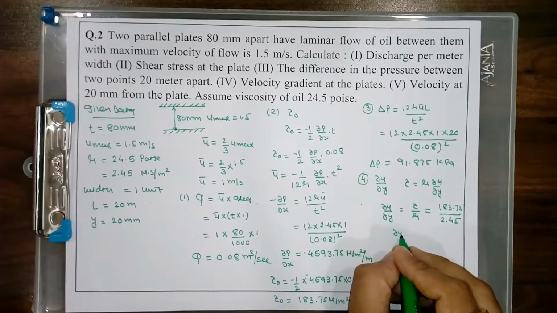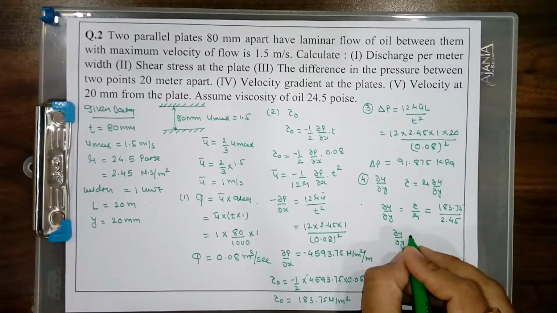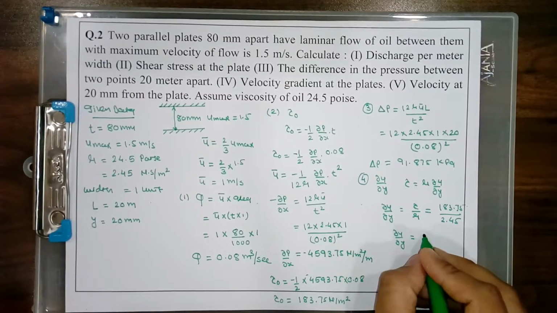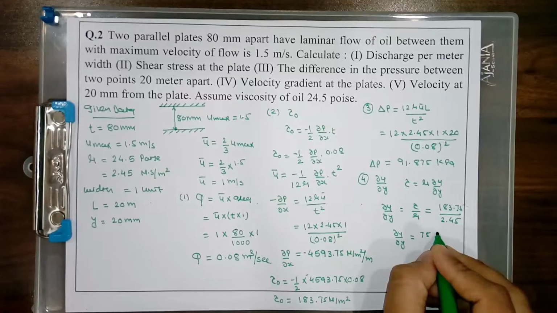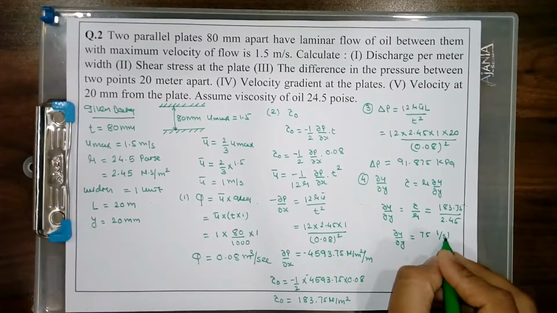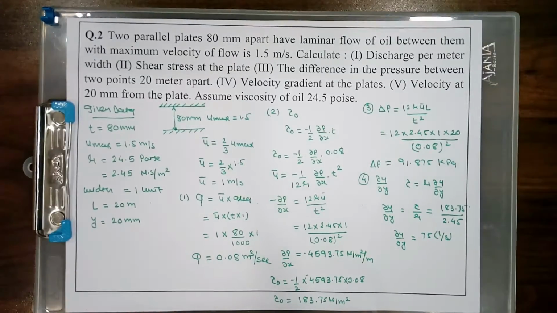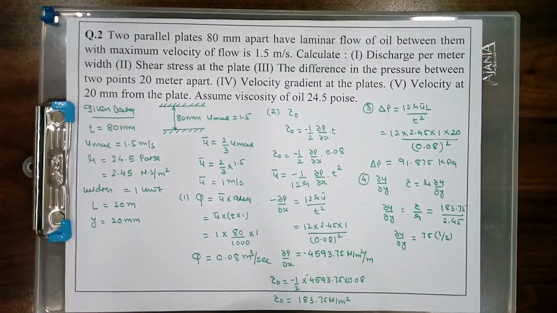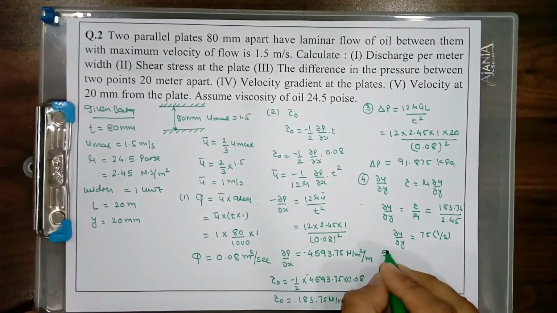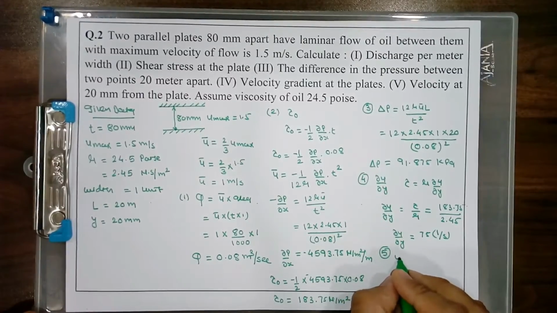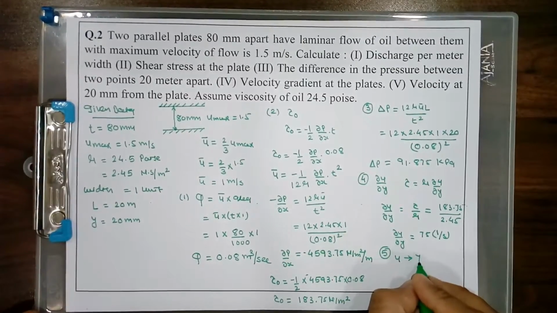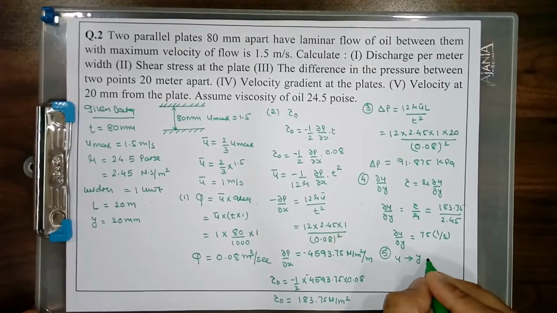So we get del u by del y equals 75 per second, meaning second inverse. That is the unit of velocity gradient. Now students, last we need to calculate the fifth one, the velocity u where the value of y is 20.